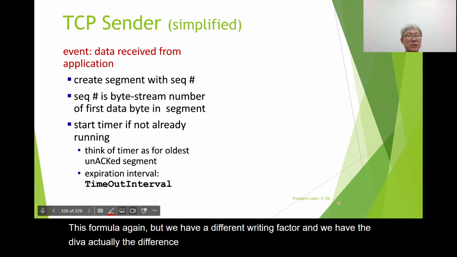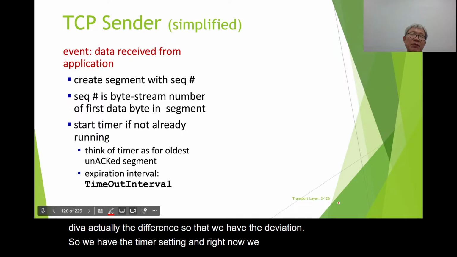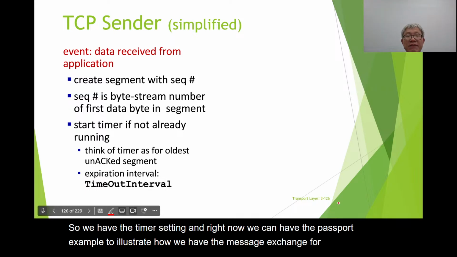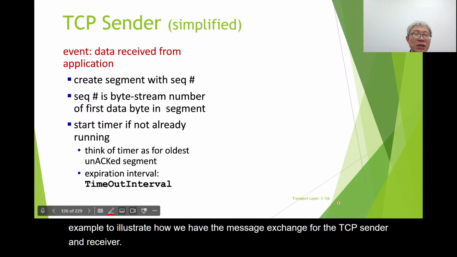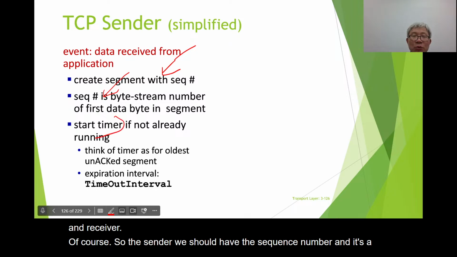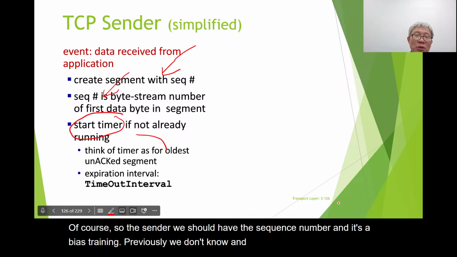Well, so we have the timer setting, and right now we can have a possible example to illustrate how we have the message exchange for the TCP sender and receiver. Of course, for the sender, we should have the sequence number, and it's a byte stream. We will set the timer for the oldest unacked segment.